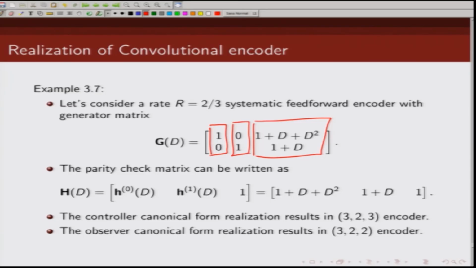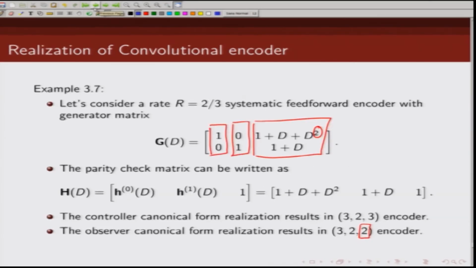Here 0, because the direct input is coming here. And what about this? Its maximum degree is 2, so we will require 2. So, overall for this generator matrix, if we try to realize it using observer canonical form realization, we require only 2 memory elements. And in the next slide, I am going to show you those 2 encoder realizations.